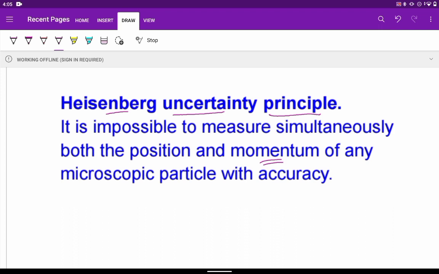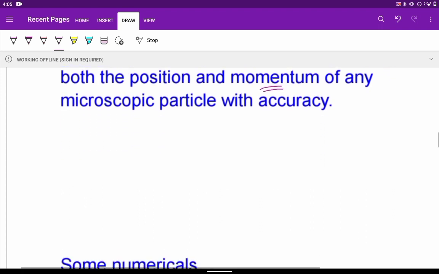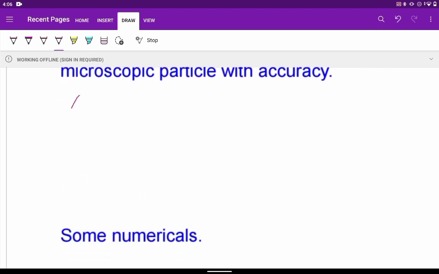So mathematically we can state this as delta x into delta p is greater than or equal to h by 4 pi.